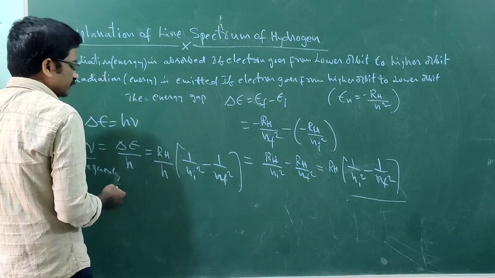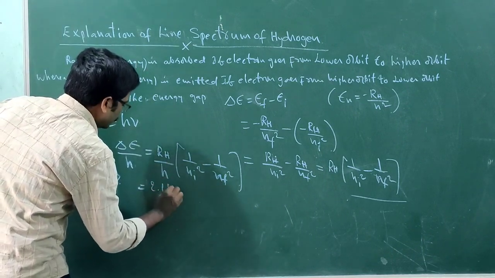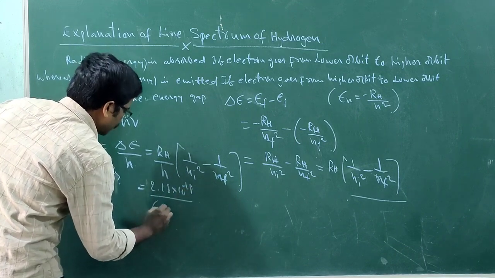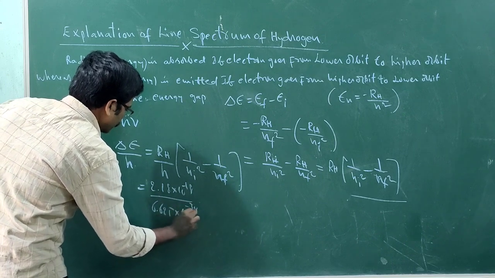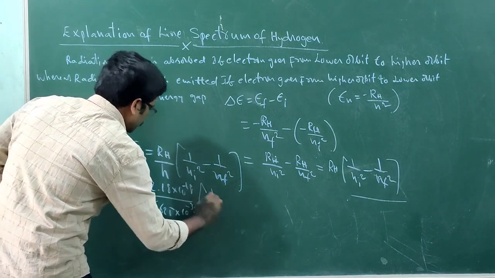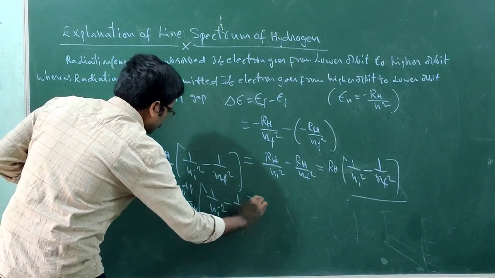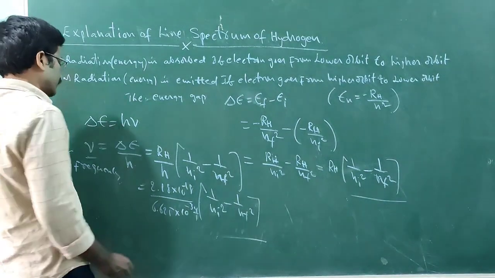Then you may substitute the values here. RH value we know is 2.18 into 10 to the power of minus 18 joules. h value is 6.625 into 10 to the power of minus 34 joule second. Then you may calculate that one.